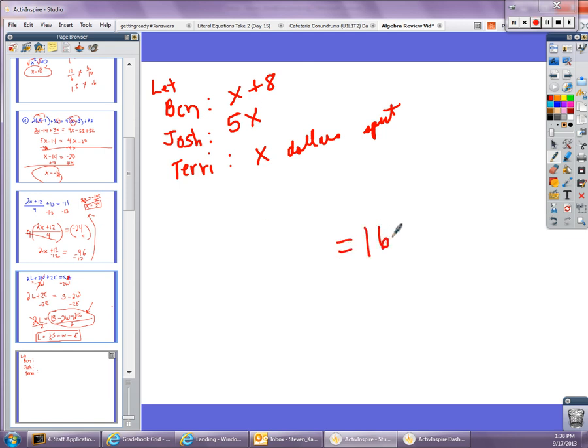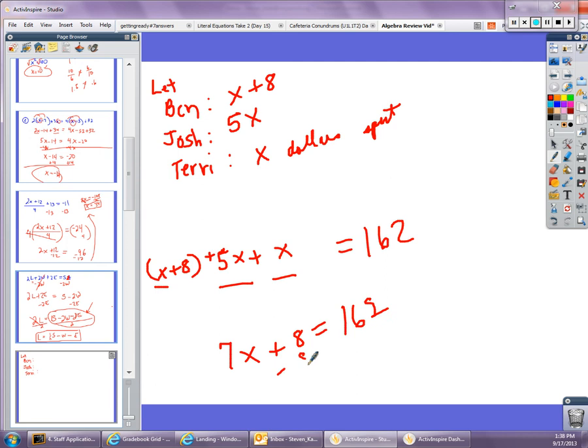So if you add up the money they spent, one of them spent x plus 8. The other one spent 5x. And Terry spent x. If you add them up and combine them, x plus 5x plus x is 7x plus 8, which equals 162. And I'm going to solve this. Subtract 8 on both sides. So 7x equals 154.